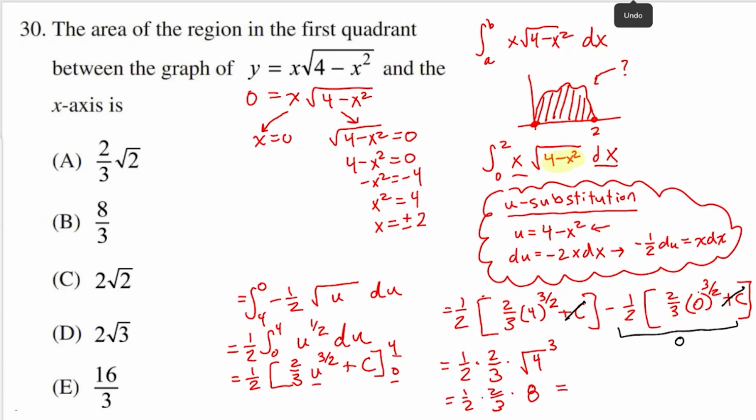We have 1 times 2 times 8, which is 16, over 2 times 3, which is 6. This can be reduced. If we divide both the numerator and the denominator by 2, we get 8/3, which is our answer. That is the area under the curve bounded by x times the square root of 4 minus x squared and the x-axis. Our answer is B.